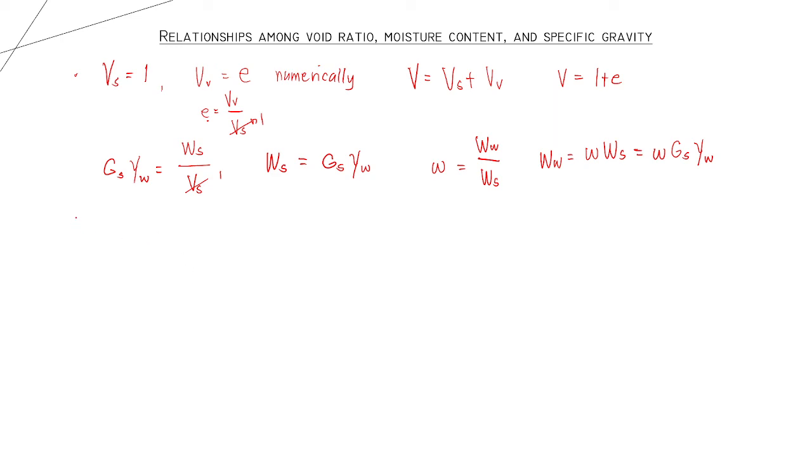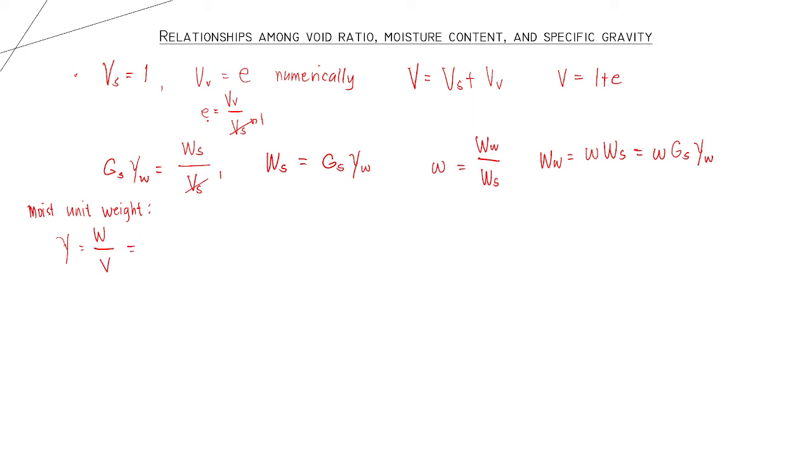So, let us look back at the moist unit weight. So again, the moist unit weight, gamma, is given by the total weight all over the volume.